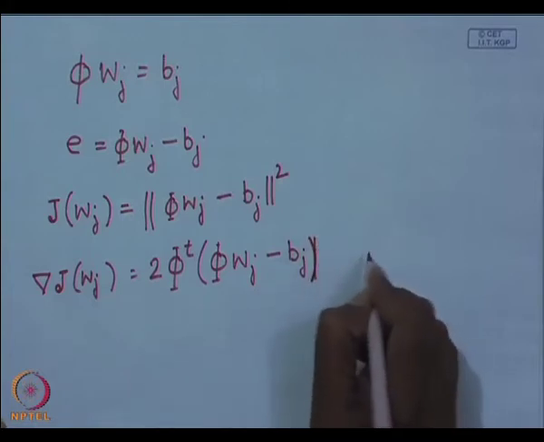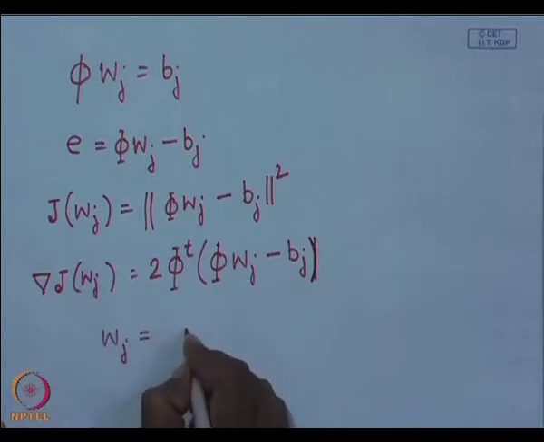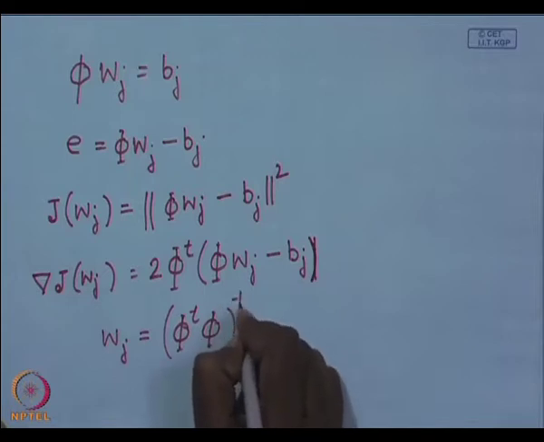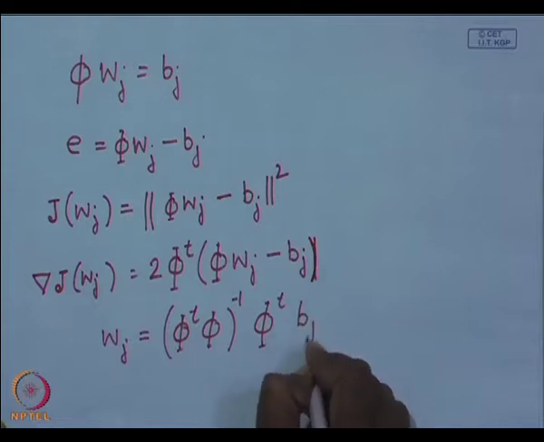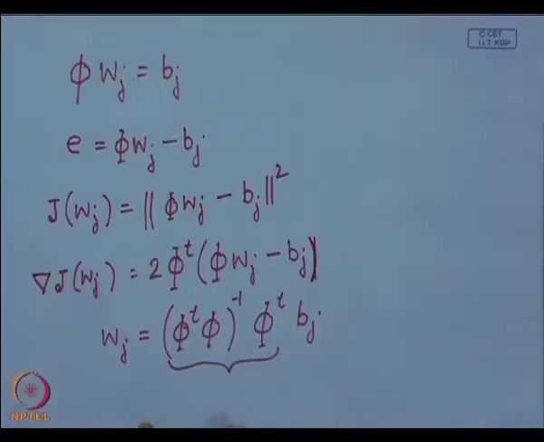By equating this to 0, what we get is w j is equal to phi transpose phi inverse into phi transpose b j. And as we have seen earlier, this phi transpose phi inverse into phi transpose is what is called the pseudo inverse, and that is represented as phi plus.